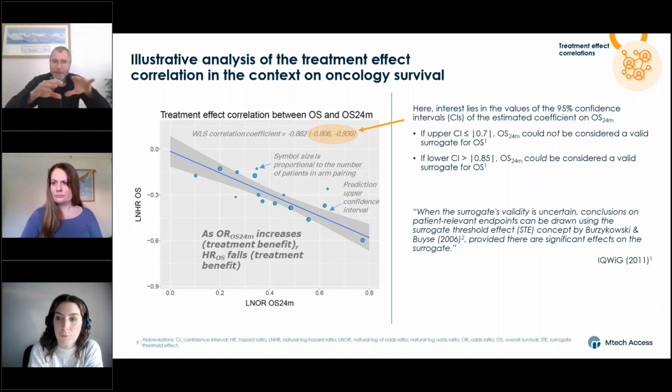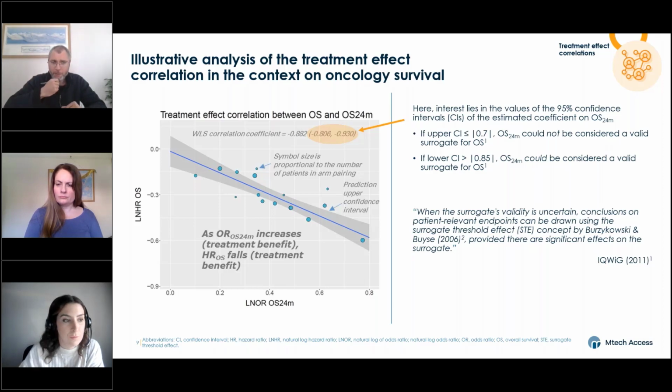So some patients may respond really well to treatment insofar as they exhibit a benefit in the surrogate, say overall survival at 24 months, but actually not benefit in overall survival. Or vice versa. You might find that certain patients respond very well in an overall survival case, but actually their overall survival at 24 months isn't looking too rosy, and therefore actually we may have to consider that this isn't a holistic conclusion we could draw if we found a strong treatment effect correlation.